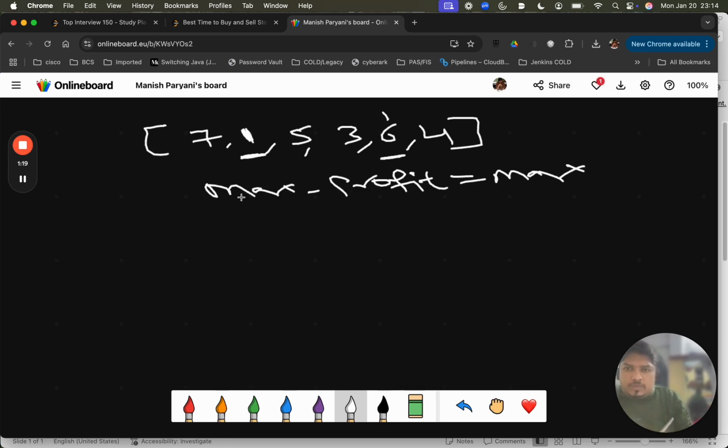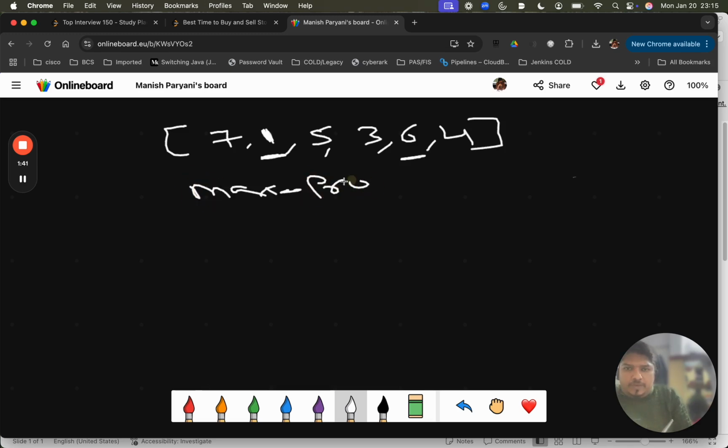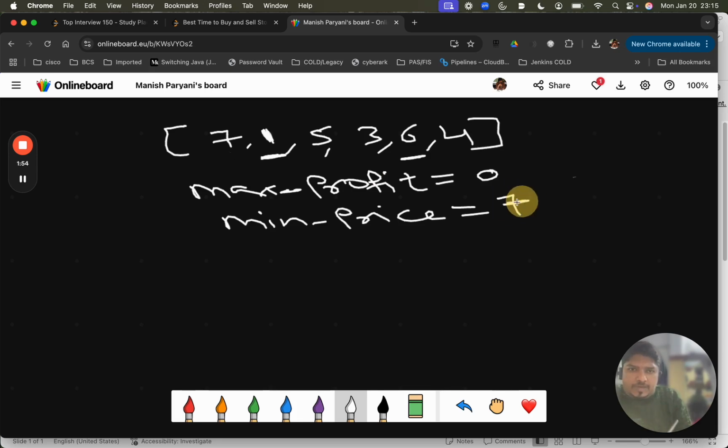So see, the simple thing is, let's say the very first day my maximum profit is 0, right? And what is my minimum price? If I buy this stock on the very first day, my minimum price will be 7, right now. This is MP, maximum profit. This is minimum price, and this is maximum profit.